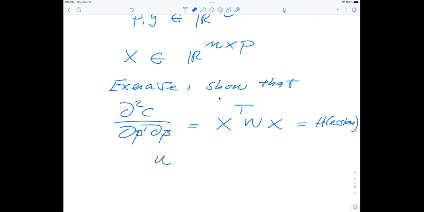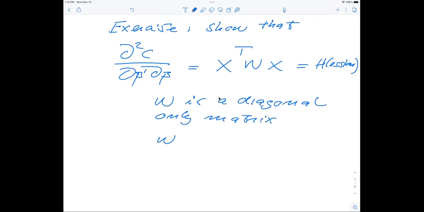And this W is a diagonal matrix, diagonal only, where the values Wi are given by p of i multiplied with 1 minus p of i. So that matrix contains only diagonal elements.